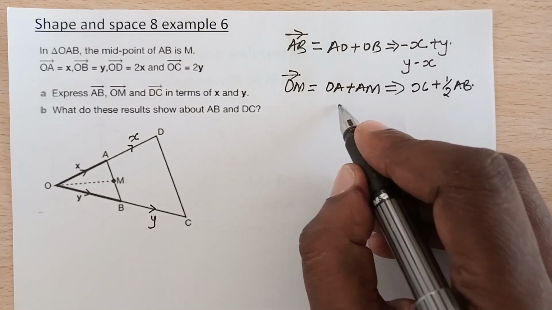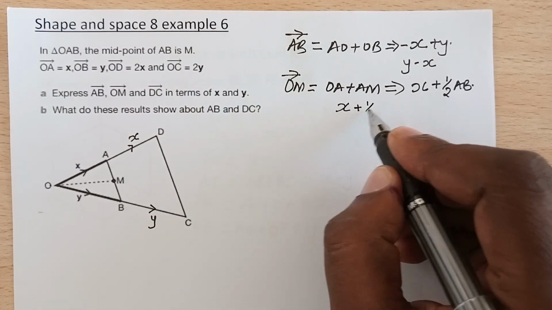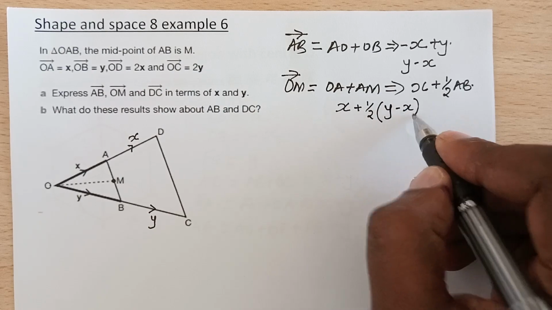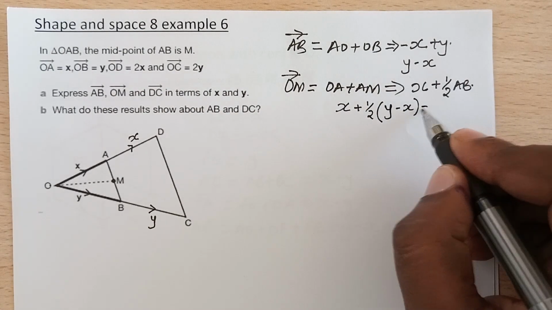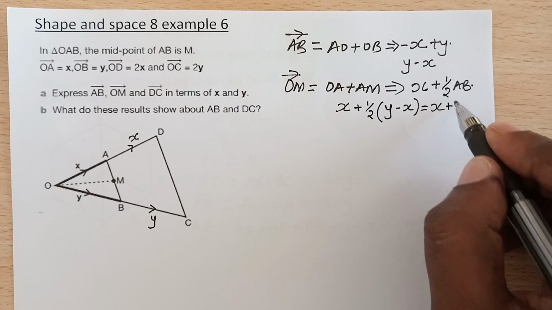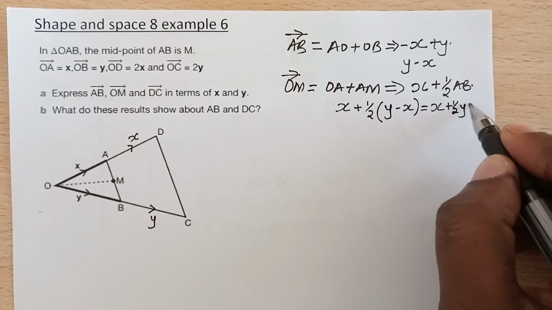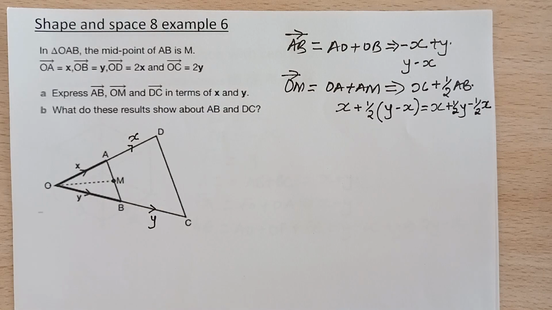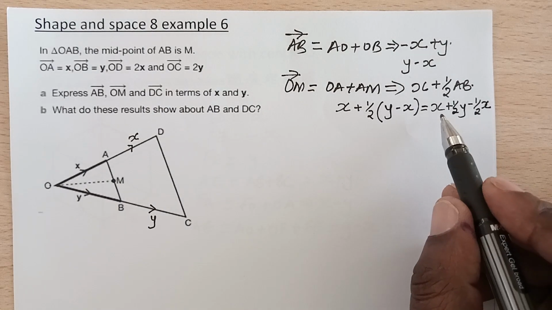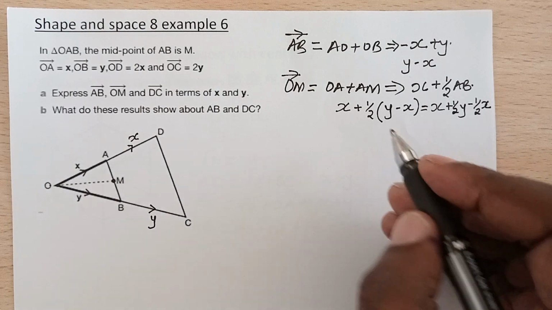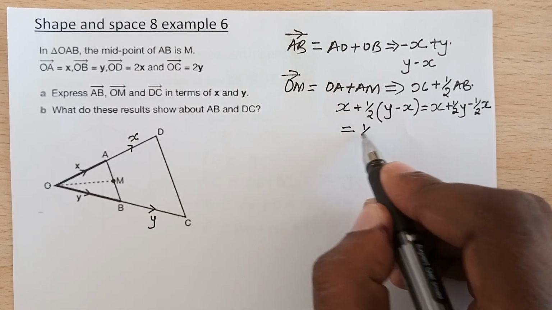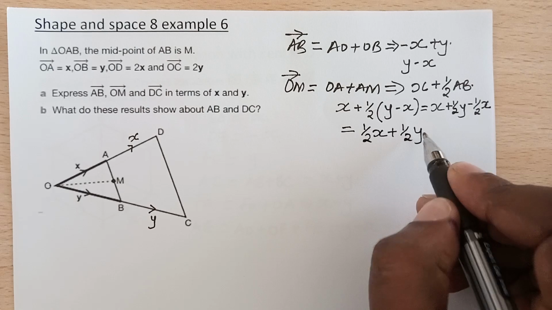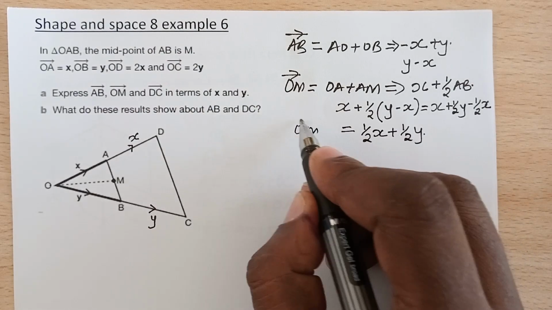So we are going to talk about x plus a half of y minus x. And this will give us x plus a half y minus a half x. Now collecting the like terms, x minus a half x is a half x. So it's a half x plus a half y. That is vector OM.